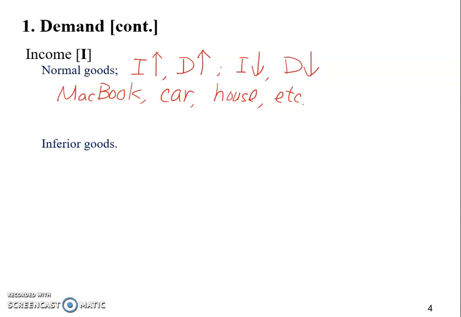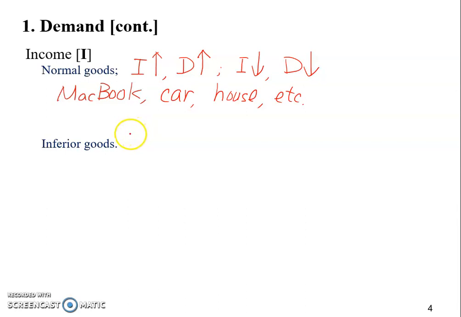Okay. Now, inferior goods is pretty interesting. Okay, it's not that common around us compared to the normal good, but we do have a number of things or services around us. They are inferior goods.